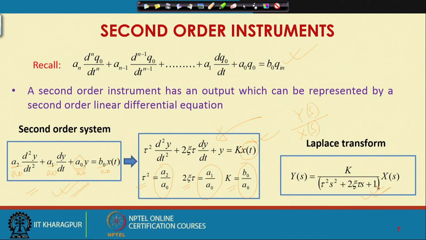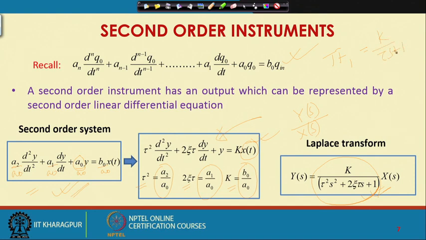So, if I do this, I will get this expression. The transfer function for a second order instrument, which is y s by x s, will be k by tau square s square plus 2 zeta tau s plus 1. For a first order system, we have seen the transfer function was k by tau s plus 1.